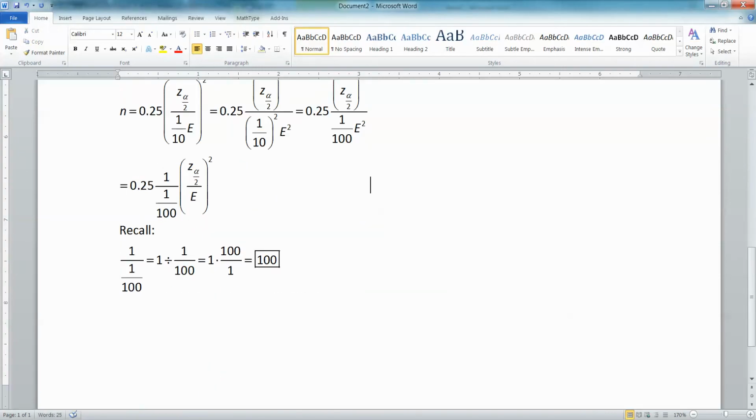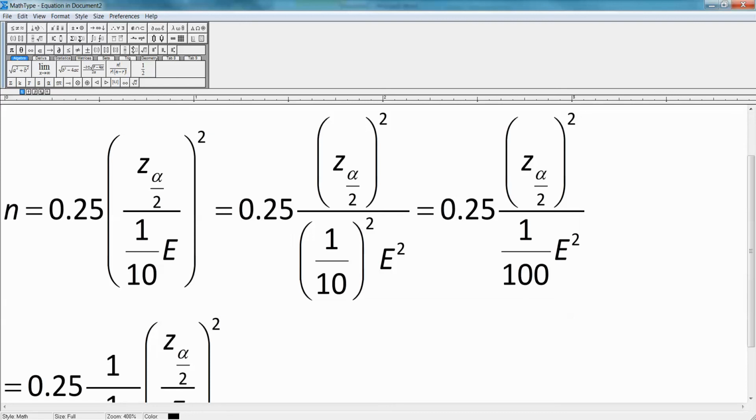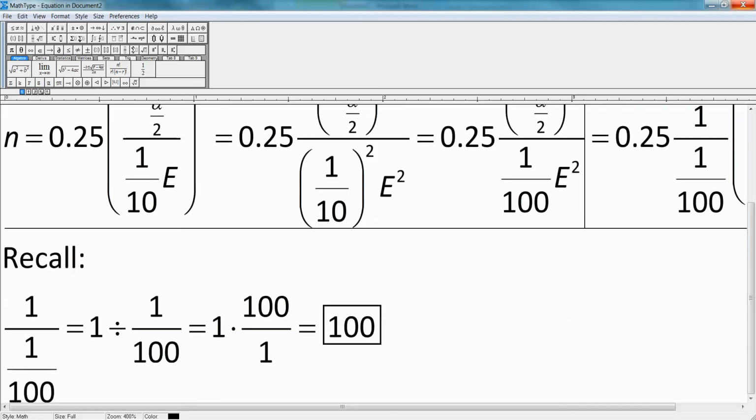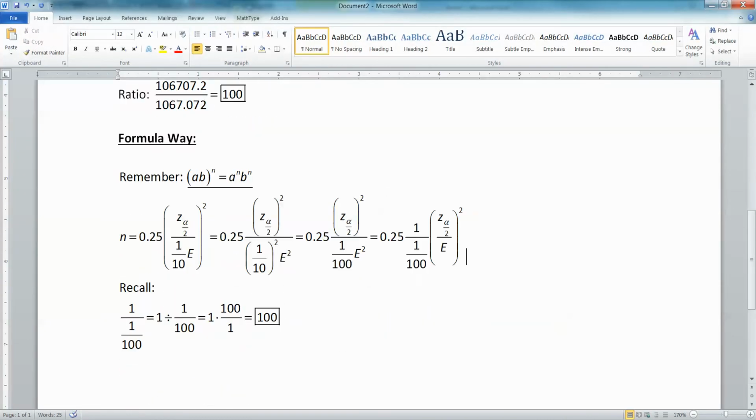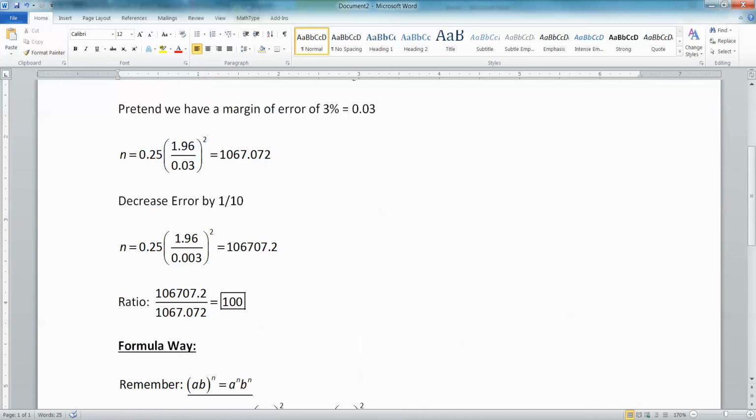That's the more mathy, math-teachery way to do it, if you will. But it's correct, right? It works. It's just because when you divide by 1/10 squared, you're dividing by 1 over 100. You flip it up, and that makes 100 over 1. Ta-da!